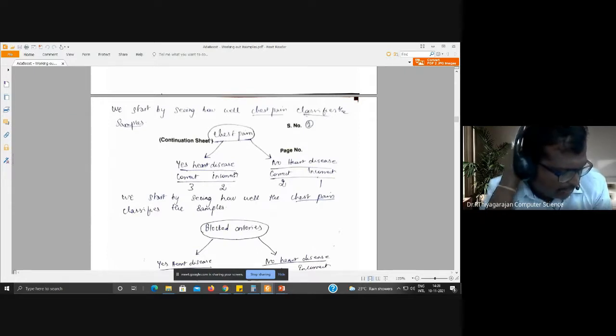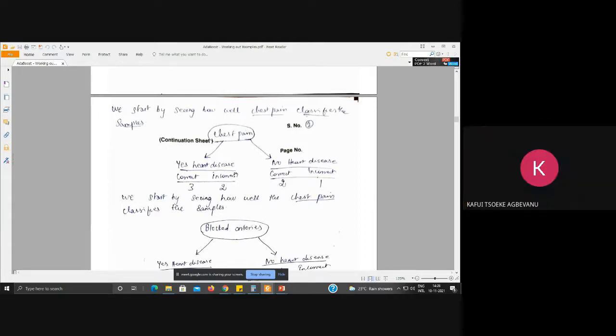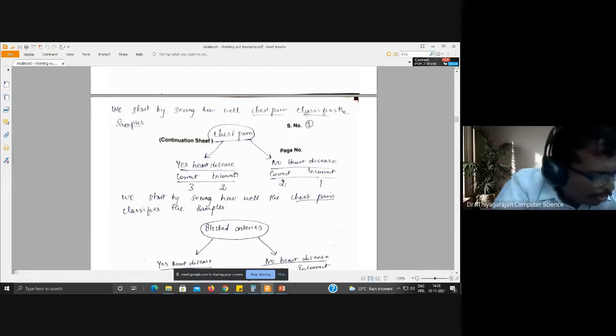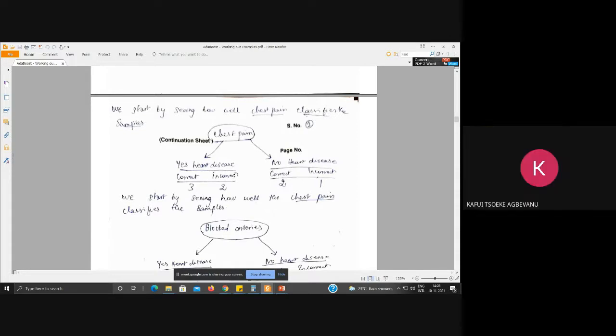Confirmed in the sense of yes in the heart disease column. Look at the chest pain feature and the heart disease class variable. How many times, if the chest pain is yes, is the heart disease also yes? 3 times. Check how many times, if it is yes, it is no. The last 2 rows, rows 7 and 8. Yes, 2.